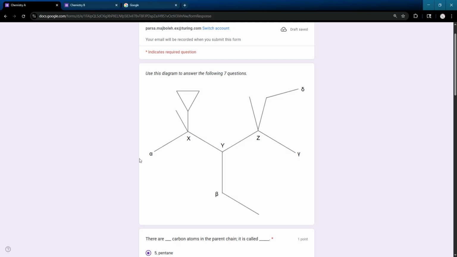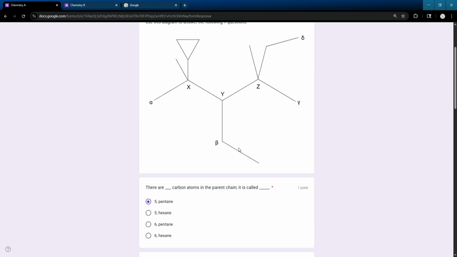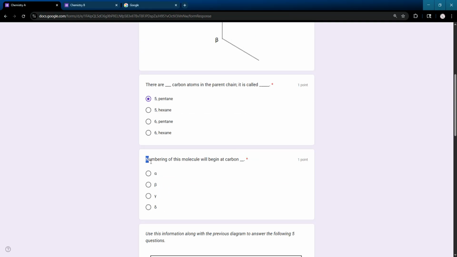This one would make sense to be the first one, or one of the edges at least. I would say it would make more sense to go from left to right, so that's kind of like a 5. So numbering of this molecule will begin at carbon A.